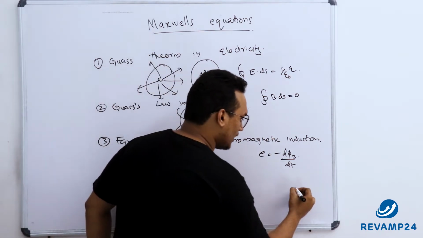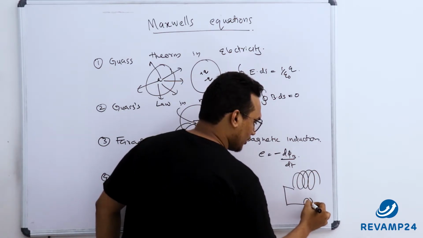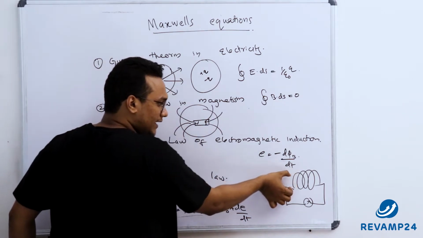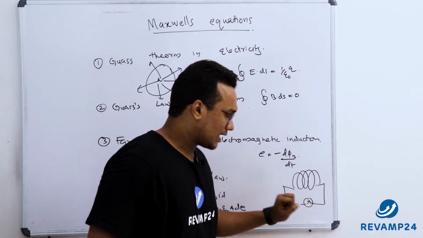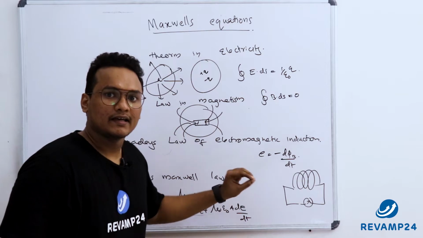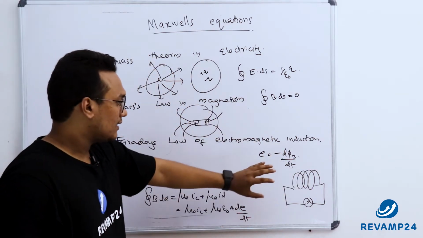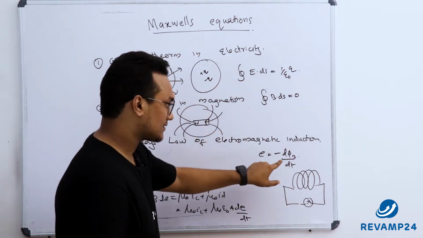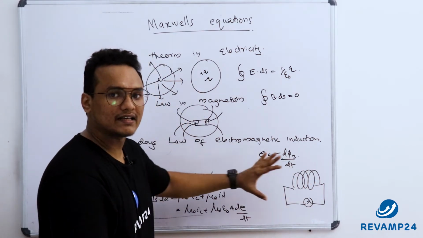So when we have a coil connected to an ammeter, and we move a magnet towards it and away from it, we will see a deflection in this galvanometer, which means there is a current here. Who has produced the current? An EMF has produced a current. And what was the reason? The reason was the change in magnetic flux. It's magnetic flux, not electric flux, associated with or linked with this coil.